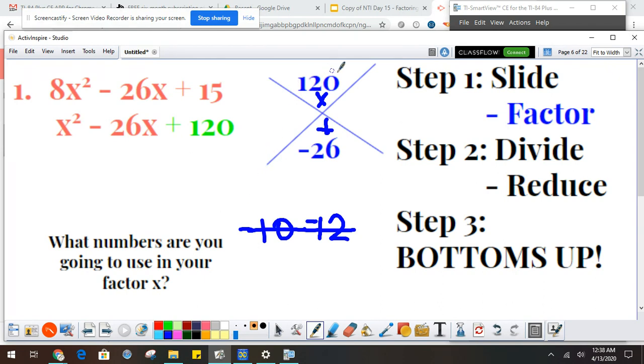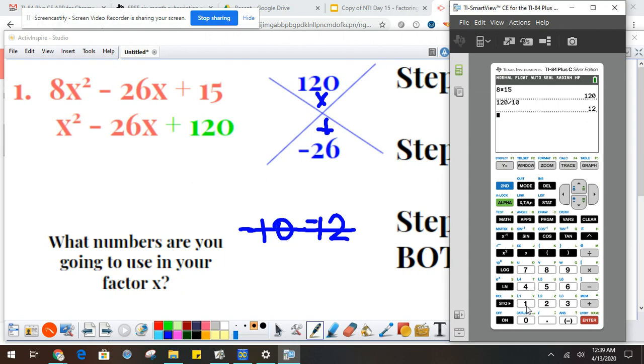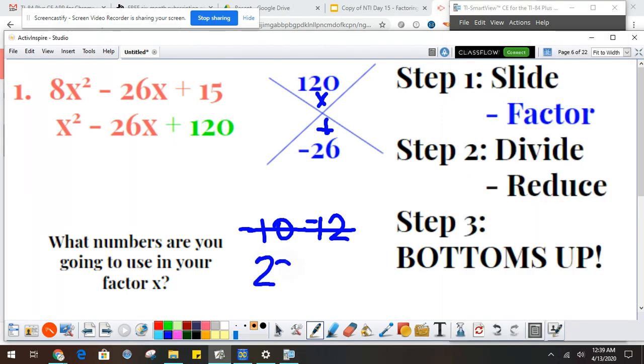I'm looking at 120 up here again, and I think if I counted by 20, I could probably get to 120. So I'm going to pull up my calculator, and I'm going to do 120 divided by 20. And that comes out to an even number. So 20 times 6 is 120. 20 plus 6 is close. I need it to be negative 26.